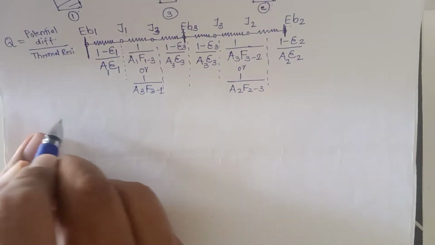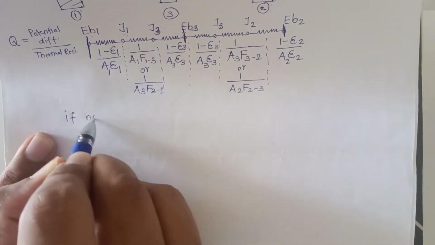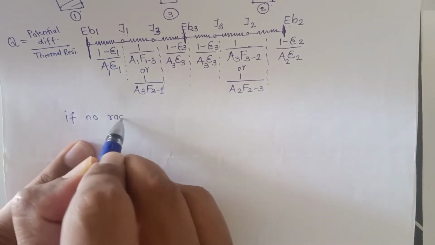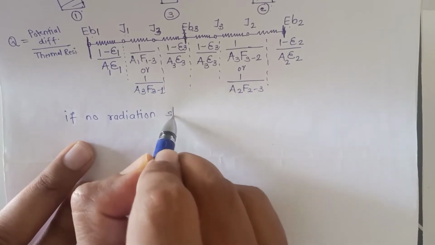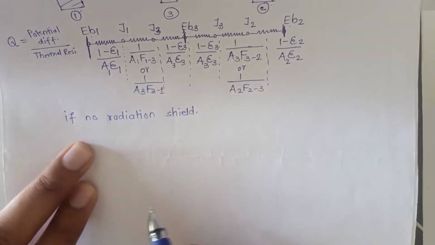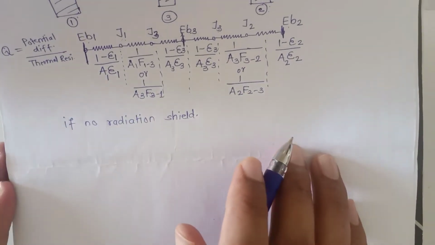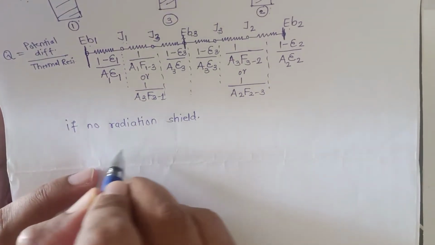If there is no radiation shield, what will happen with the thermal resistance network?